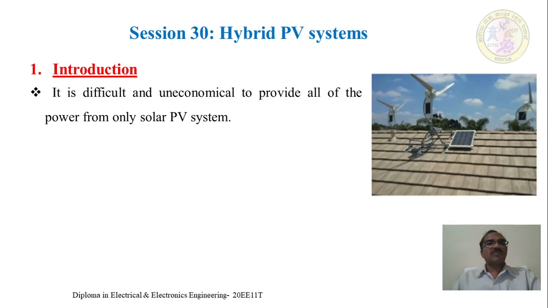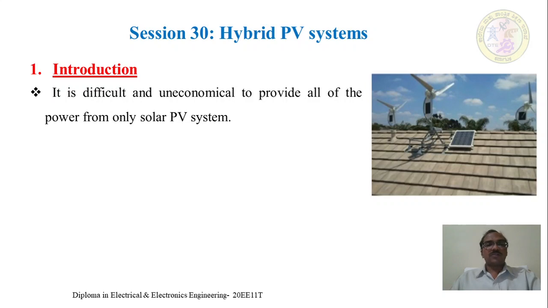Because, as you know, the solar system, or you can say the availability of the sun, is only during the day. Also, it depends upon the season, and on day and night. So it is a very unreliable source.